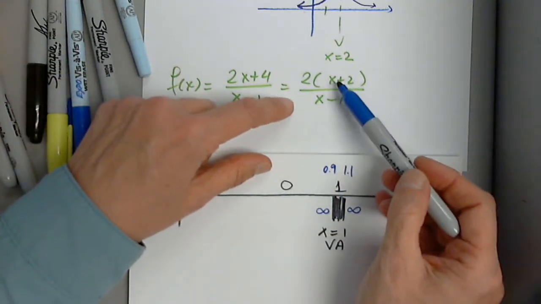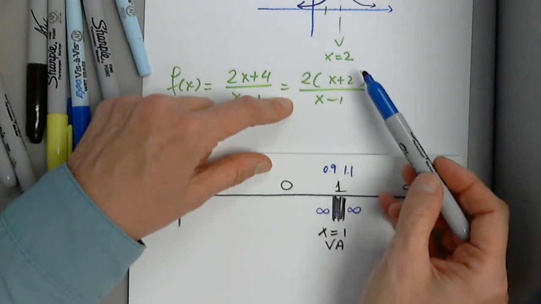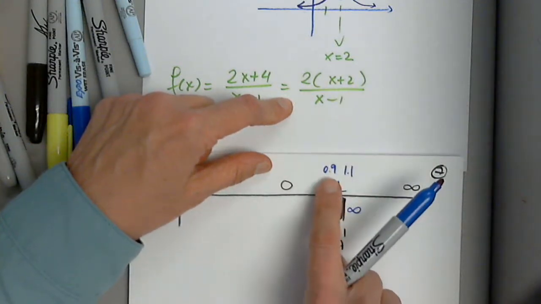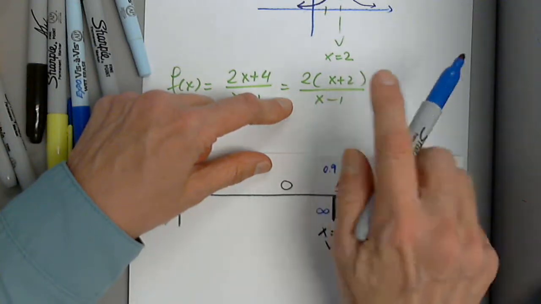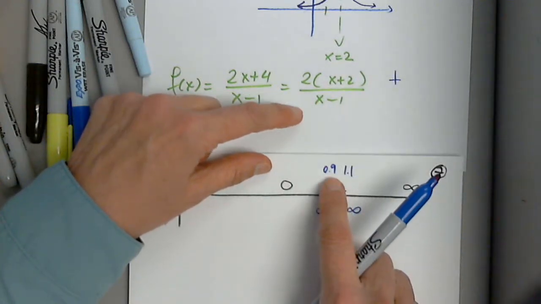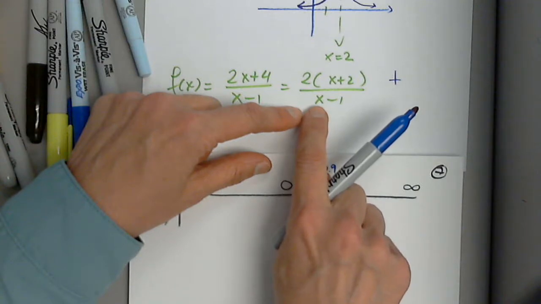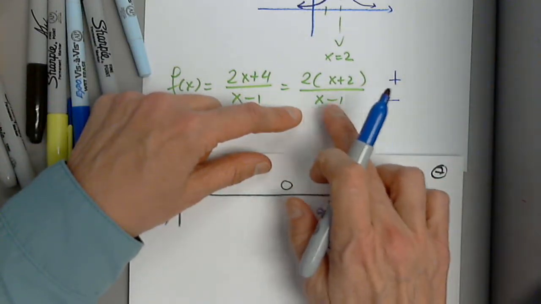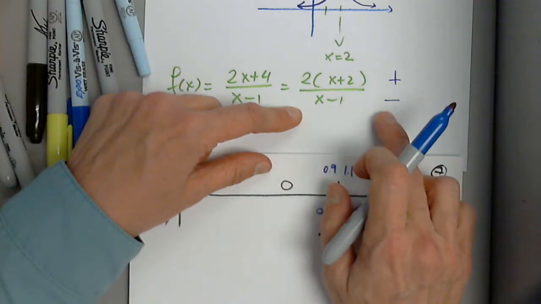When I plug in 0.9 here, just give me the sign. Don't calculate anything. I only want the sign of this expression when I replace x by 0.9. Perfect. I have to replace in the denominator as well. 0.9 minus 1, just the sign. So 0.9 minus 1, perfect.